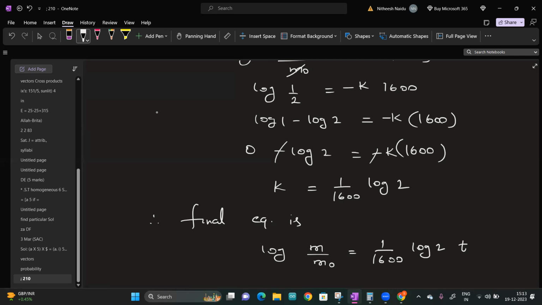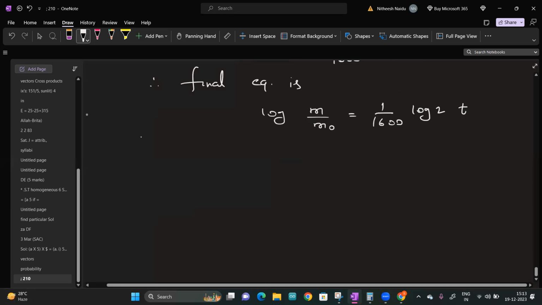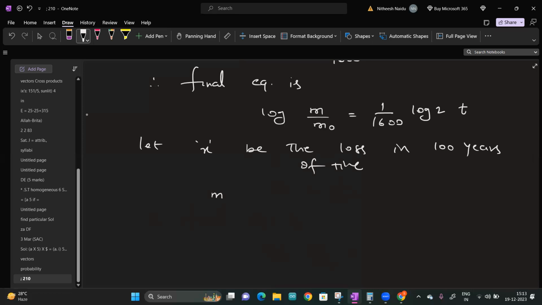So we can assume that X percentage is the loss in 100 years of time. Now M is equal to M naught into 1 minus X by 100.